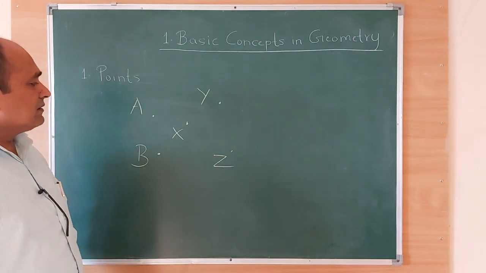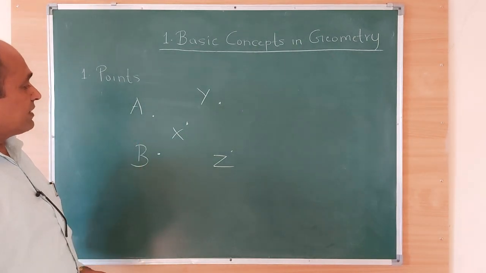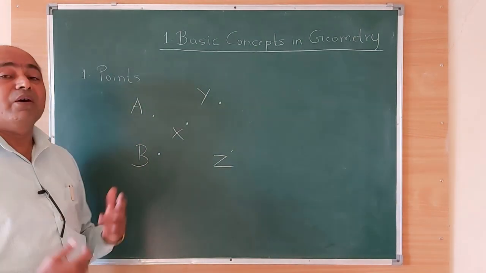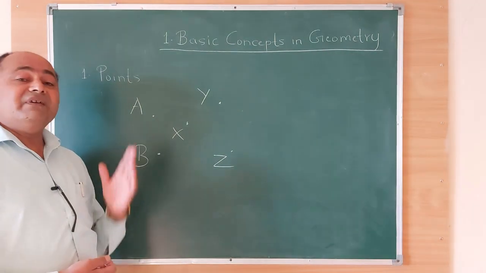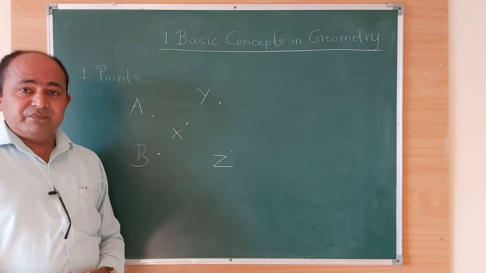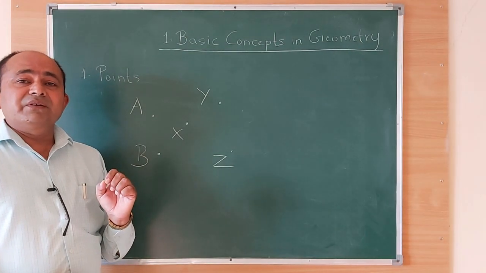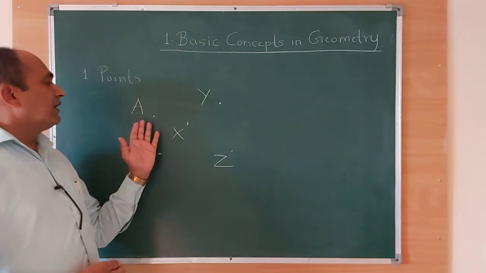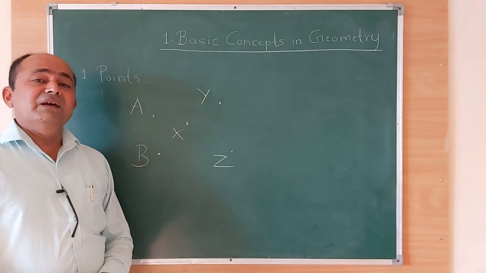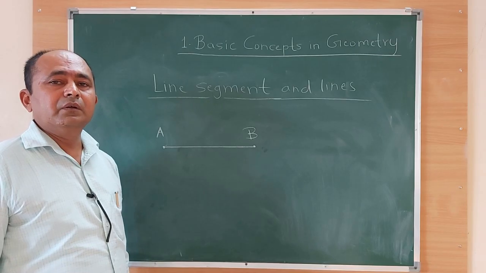Now I cannot say this point. I'll have to say point X, point Z, or point Y, or point B, or point A. So I have to refer to the points by their names. So point is just a dot, used to show the location or the position, and we name the points with the help of English capital letters.